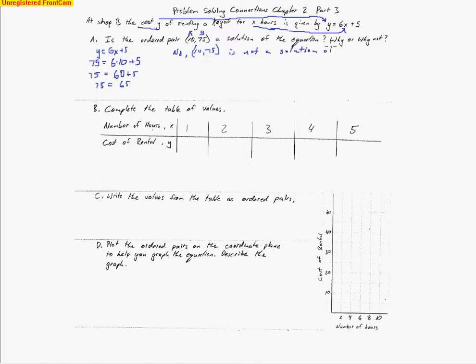of the equation, and then you just name the equation by the Y equals part, and so it's Y equals 6X plus 5.